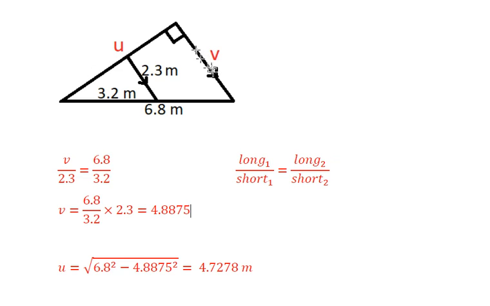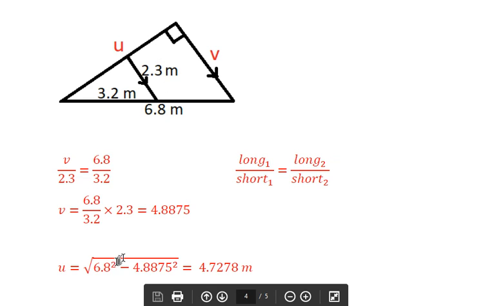Now we know what v is already, and we know the other side of the triangle, so we can therefore work out a third side of a larger triangle. And using Pythagoras here, we've got the longer side squared minus the other short side squared, to get a medium side.